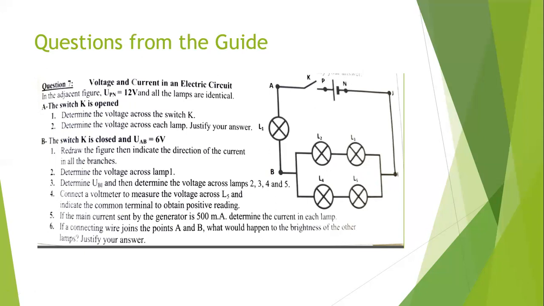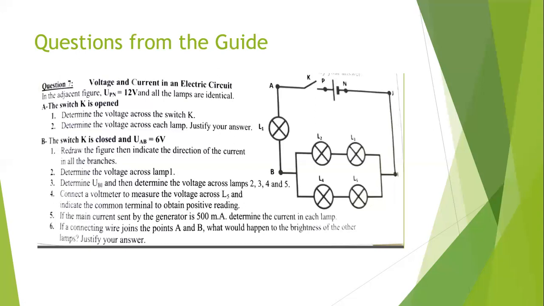So we said before that when switch K is open, it has a voltage equal to the voltage of the generator or battery, which is here 12 volt. Determine the voltage across each lamp. Justify your answer.